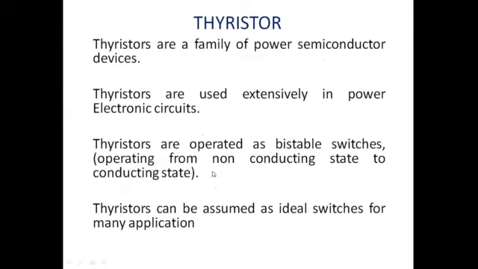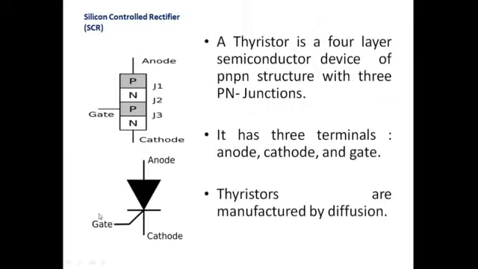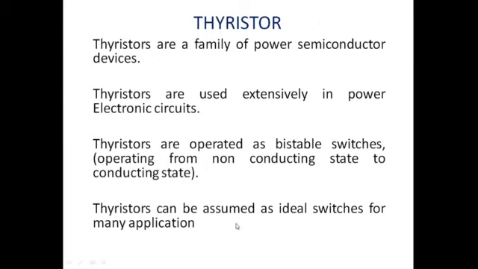There is a small power loss, or small voltage drop, but it is negligible, so we say it is acting like an ideal switch. Thyristors can be assumed as ideal switches for many applications.